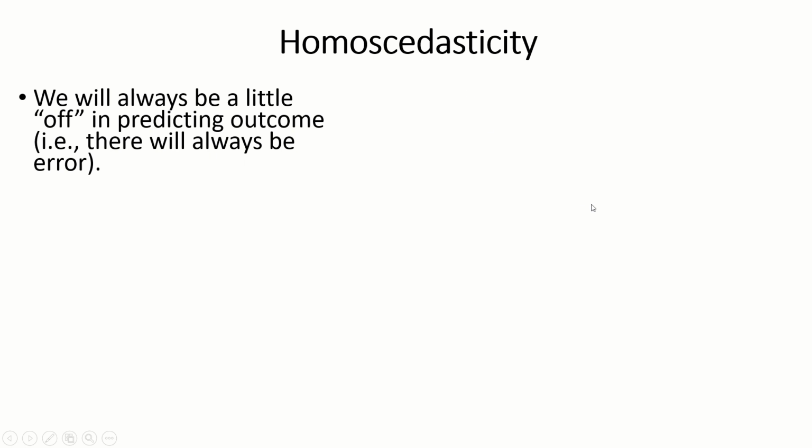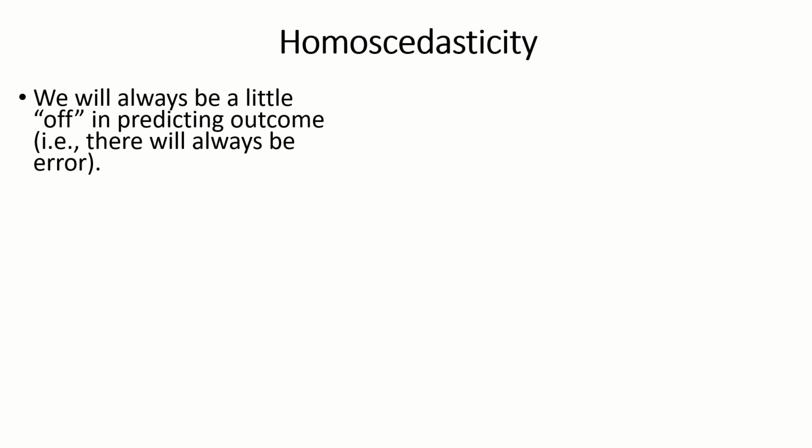We're always going to be a little off in predicting the outcome. We're trying to find independent variables that explain the variability or differences in whatever outcome we're looking at. In this case, we're using math anxiety and stats anxiety to predict how confident people are in doing well in the course. But we're not going to find perfect relationships.